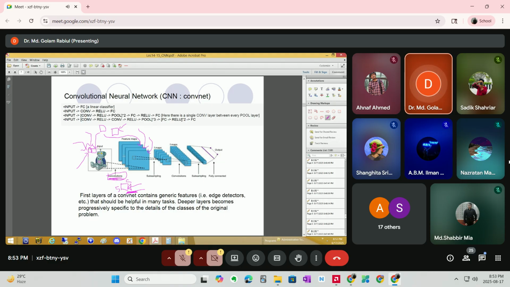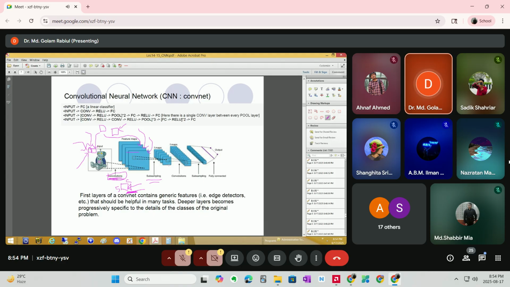So this is our first convolution layer. Then again, we will apply subsampling. Subsampling means we want to reduce the number of connections, the number of features. So the larger image we want to turn into a smaller size image.